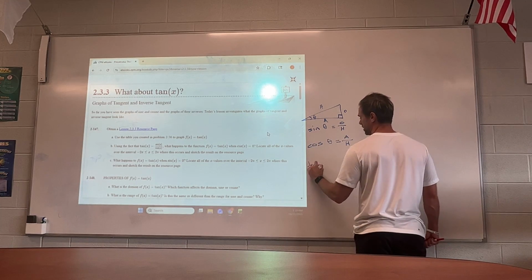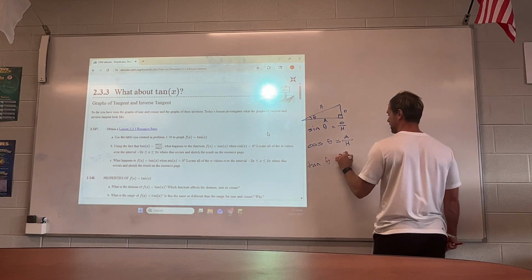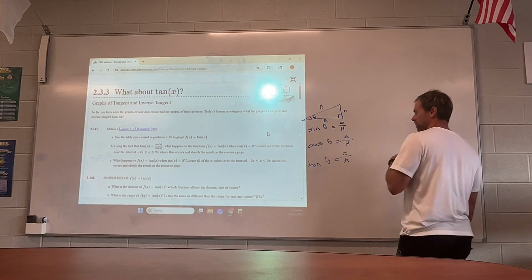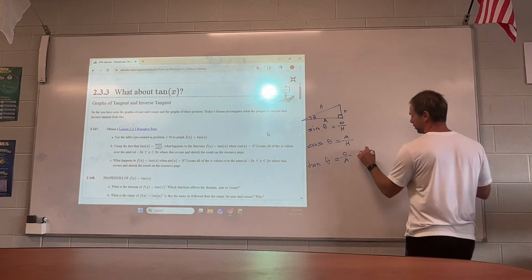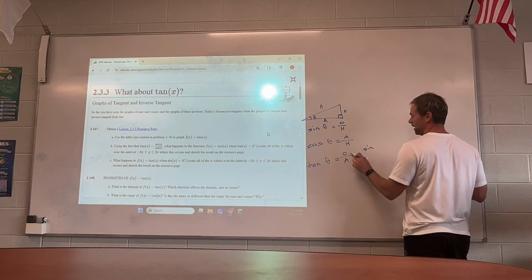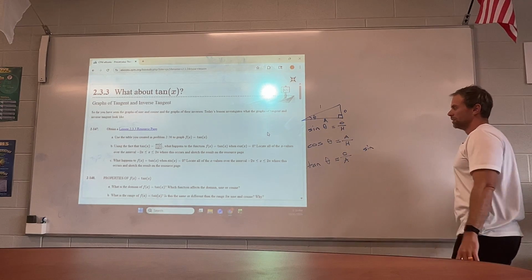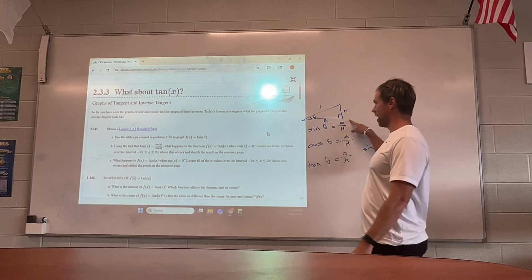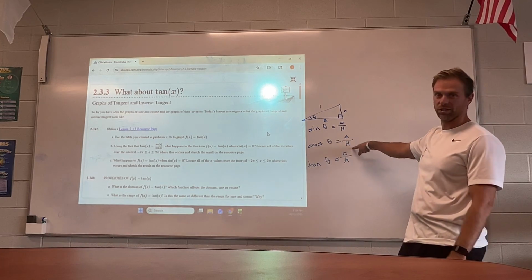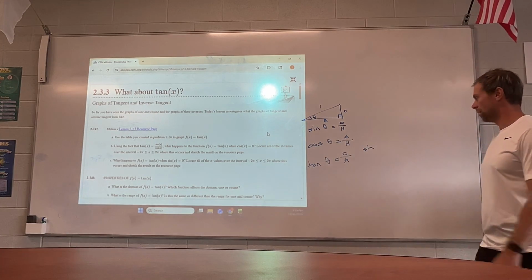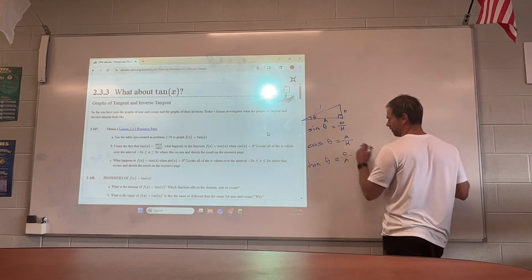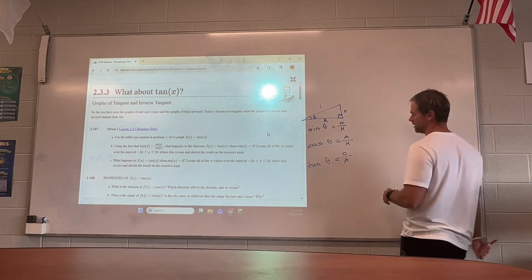Then tangent, we always learned as opposite over adjacent. But if you think about that as sine over cosine, with the hypotenuse being 1 on our unit circle, sine is technically the opposite, cosine is just the adjacent because it's over 1. And so then tangent becomes sine over cosine, or opposite over adjacent.